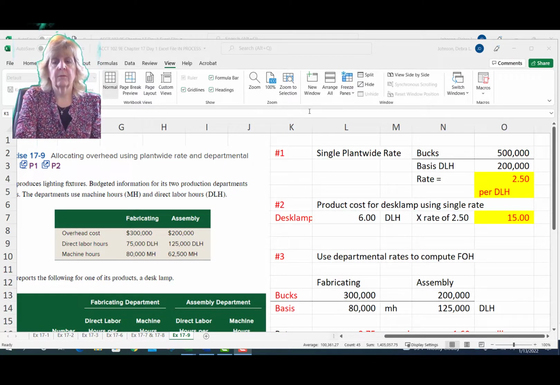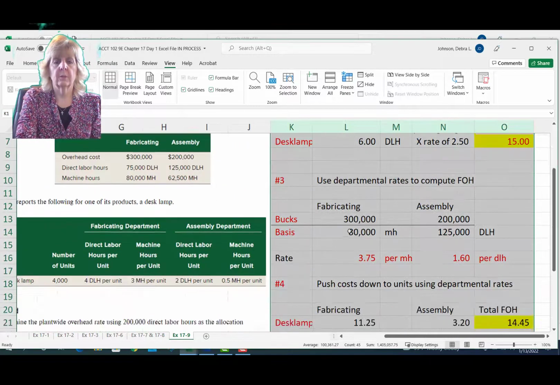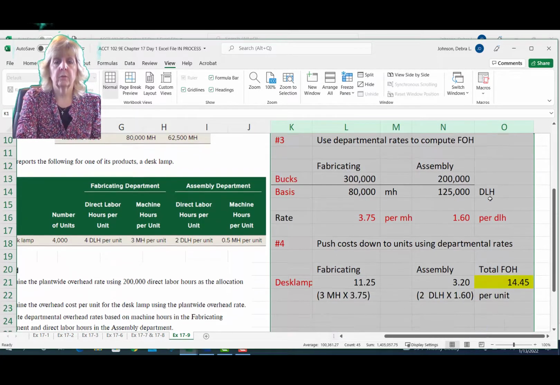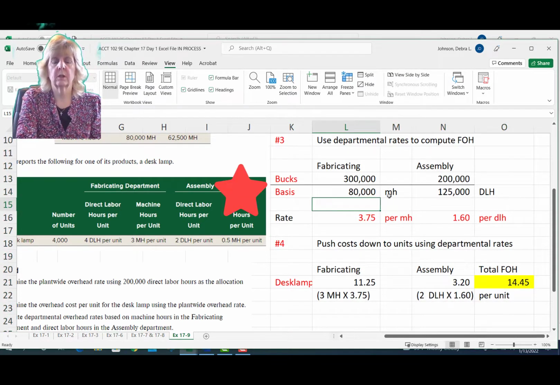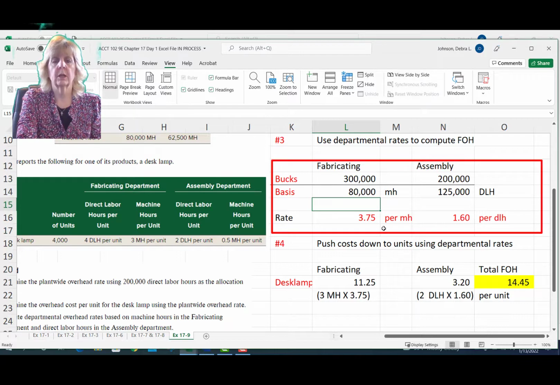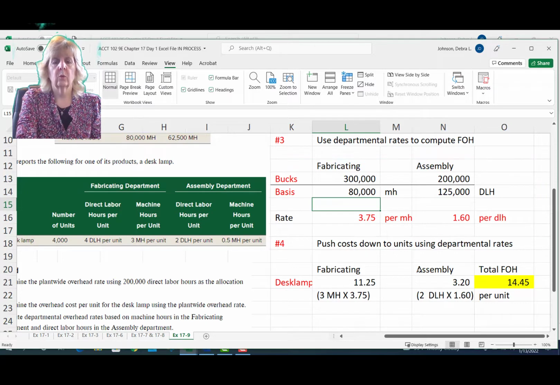In numbers 3 and 4, we are now using a departmental rate. So number 3 shows that the fabricating department used machine hours to compute its rate, and the assembly department used direct labor hours to compute its rate. The rates that were computed were $3.75 per machine hour in the fabricating department and $1.60 per direct labor hour in the assembly department. Those two rates then were used to push the cost down to the desk lamp.